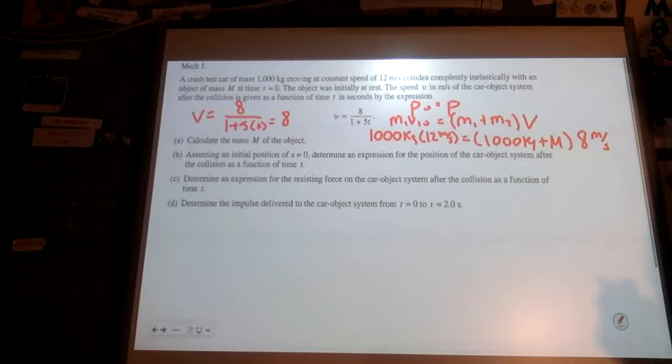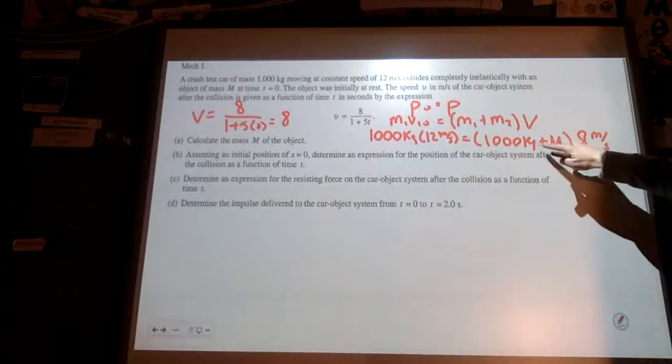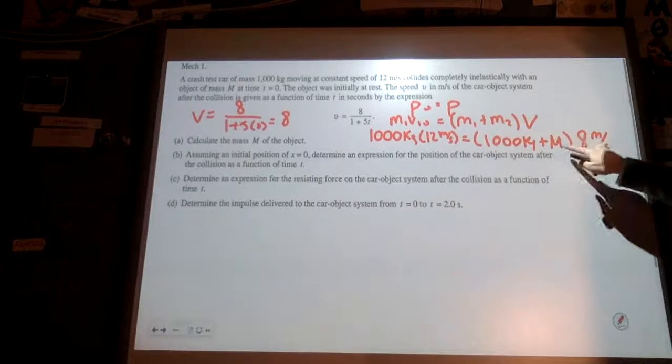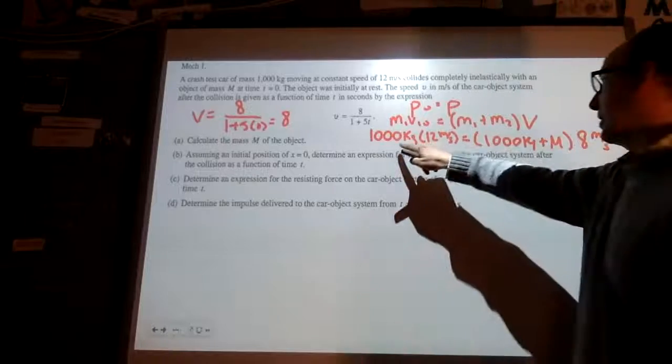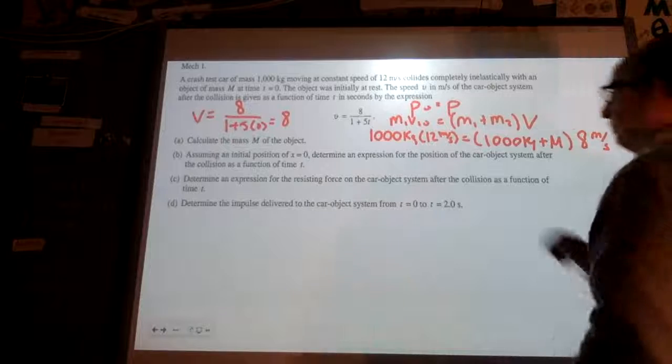All right, so I am going to get M by itself. So I have 12,000, and then I'm going to have 8,000 plus 8M. So I'm going to subtract an 8,000, which is going to give me a 4,000 over here, and I'll have 4,000 equals 8M.